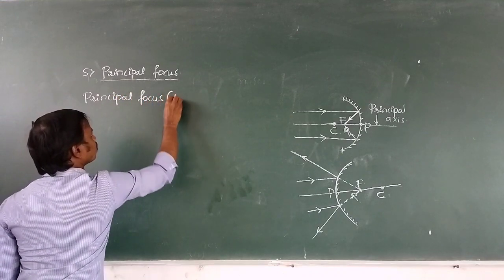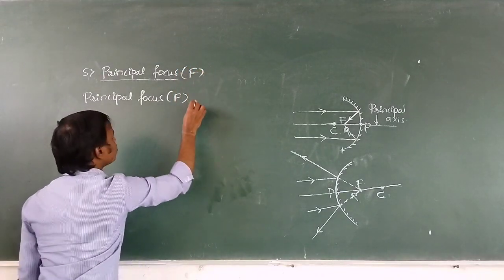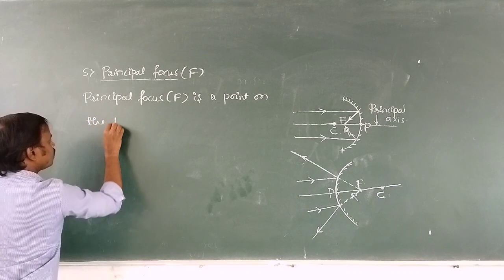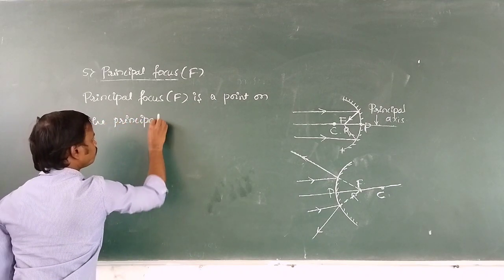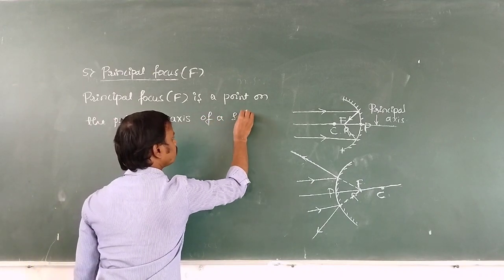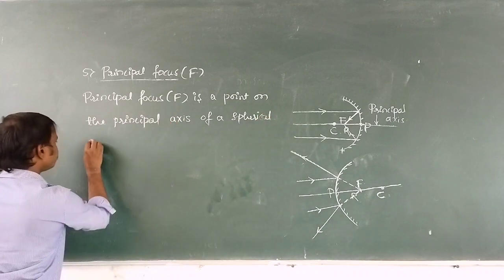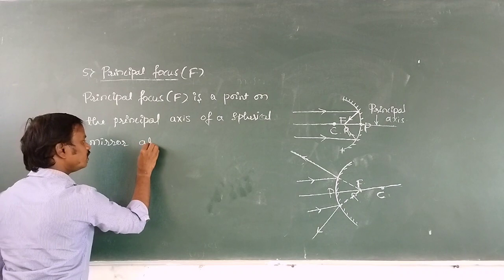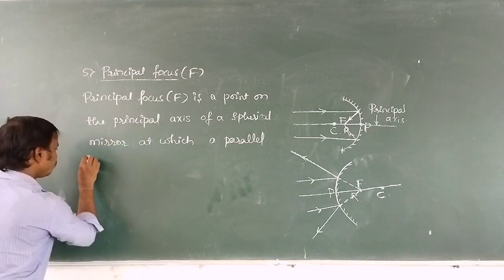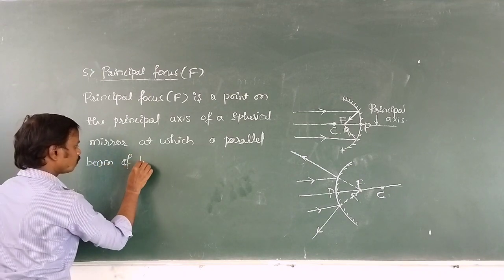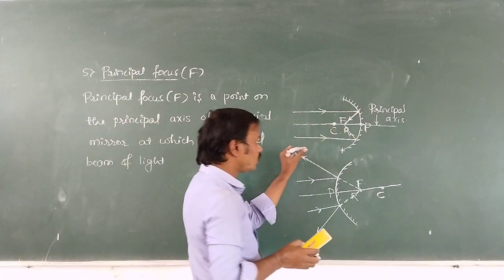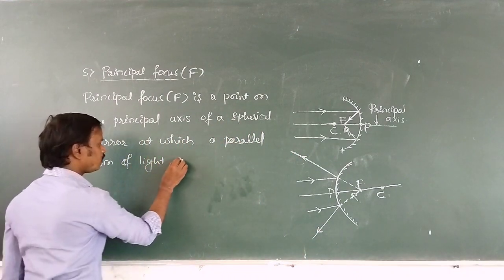Principal focus, which can be represented by the capital letter F, is a point on the principal axis of a spherical mirror at which a parallel beam of light after reflection converges at a point.